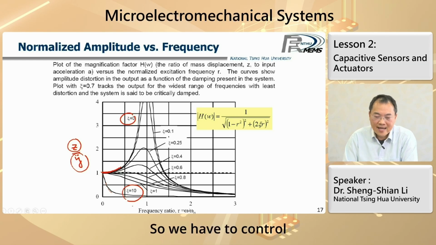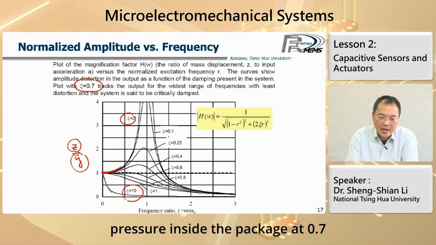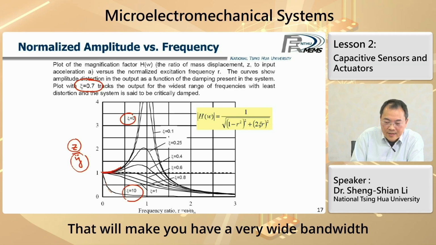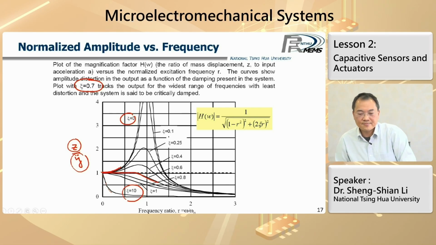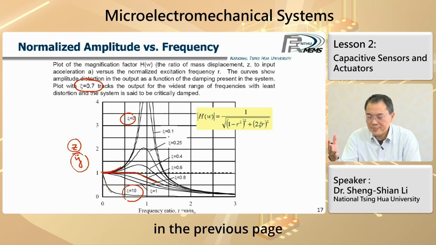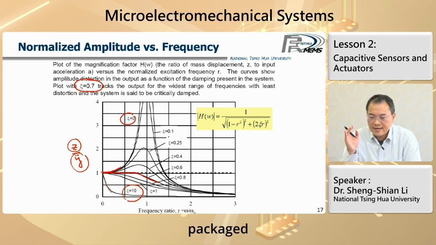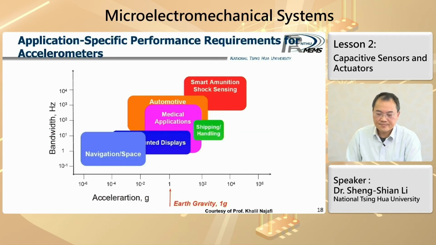So we have to control the damping, which is the pressure inside the package, at 0.7. That will give you a very wide bandwidth, tuned to a certain value to make your spec. So this is desirable. Accelerometer packaging cannot be vacuum, not like the pressure sensor on the previous page. They need to be packaged using a suitable pressure inside the cavity to have a larger bandwidth.